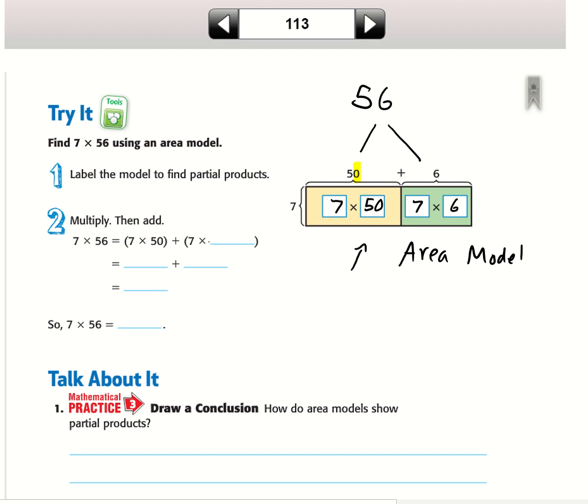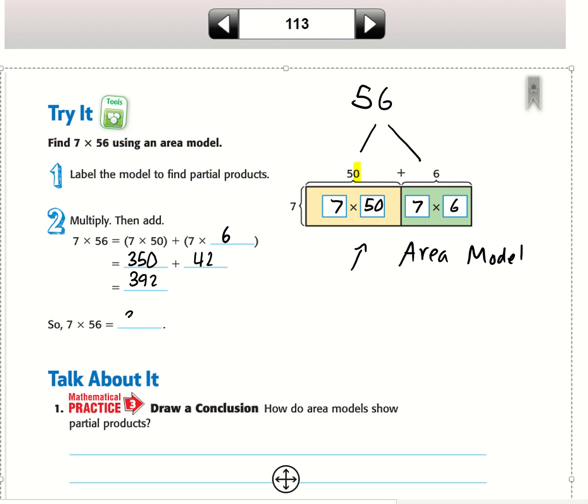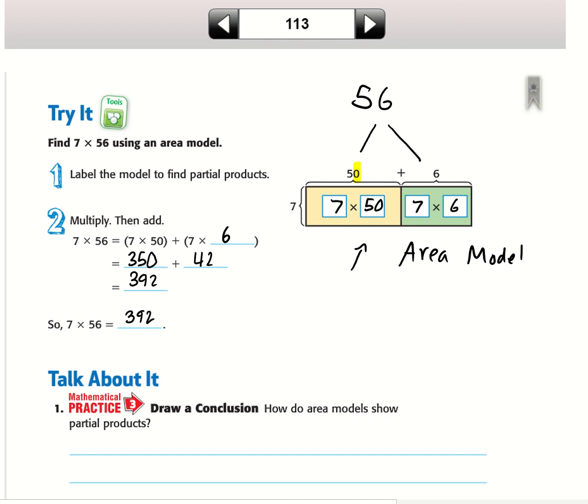We know 7 times 50 and then 7 times 6. 7 times 5 equals 35, but 7 times 50 is going to be 350. 7 times 6 is 42. After I add those two numbers together, I'm going to get the final answer of 392. So 7 times 56 is 392.